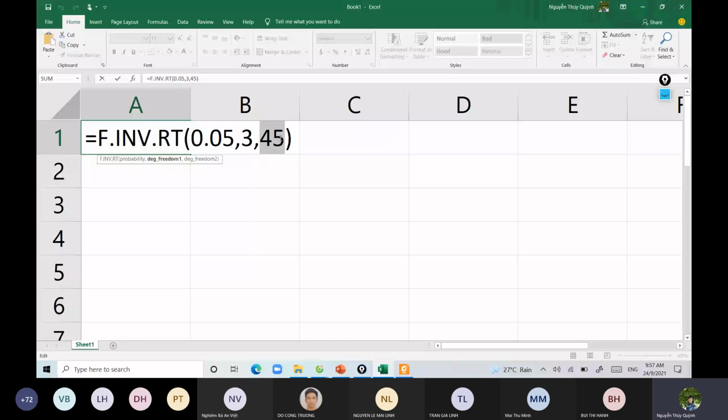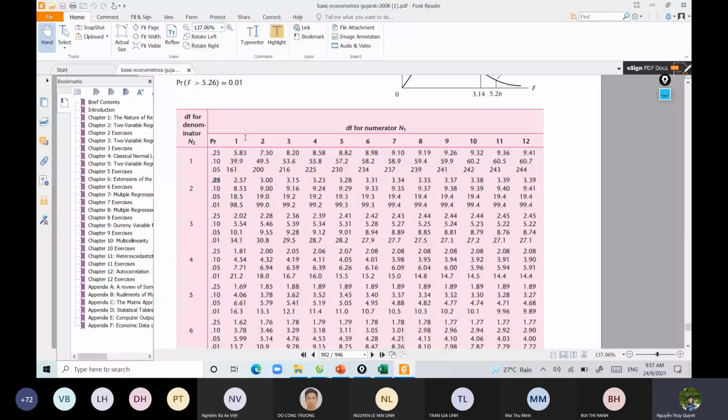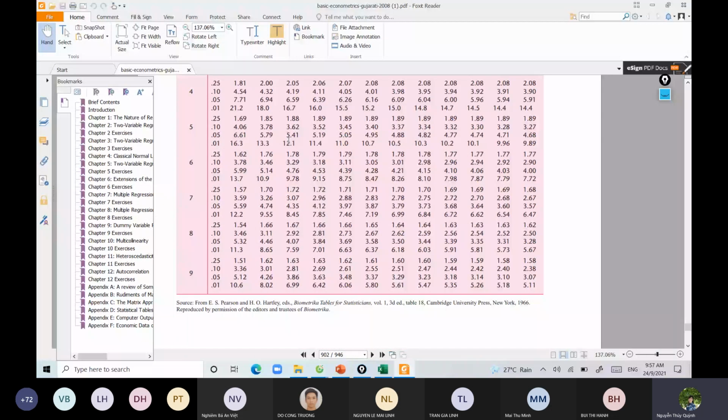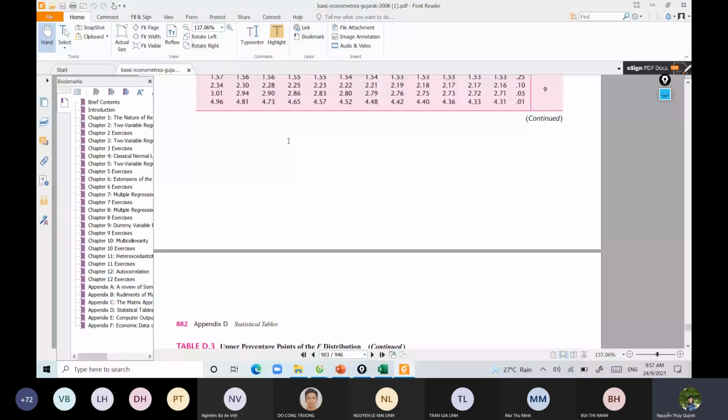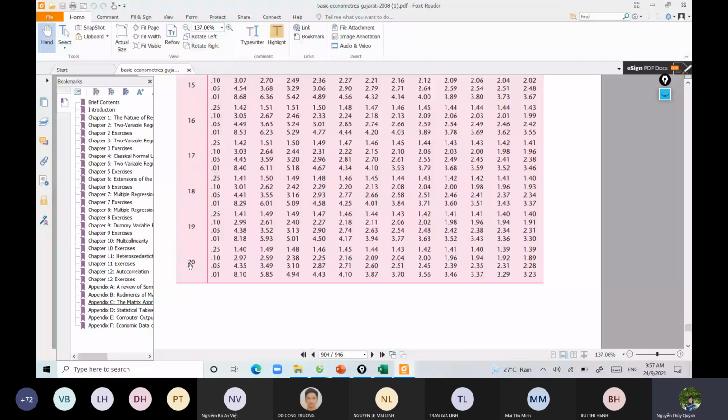Now look at this table. This is the degree of freedom for the numerator, 3, this column, and the degree of freedom for the denominator is 45. Here we have 20.